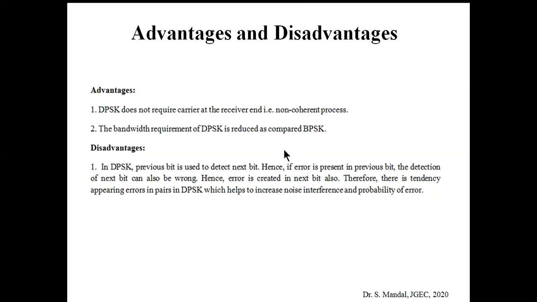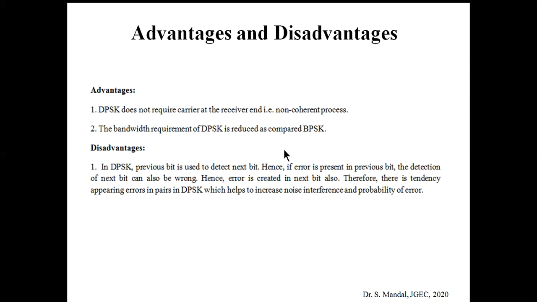Because in case of BPSK, the current symbol is independent of the previous one, where 1 and 0 have fixed phase shifts. That means 1 is denoted by 0 phase angle, and 0 is defined by pi phase angle. So here it is independent of the previous bit.